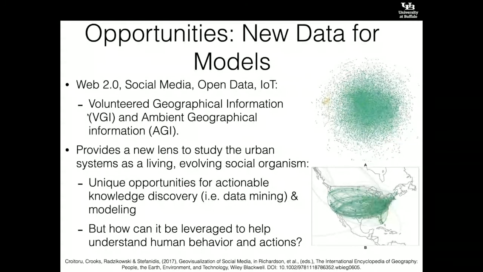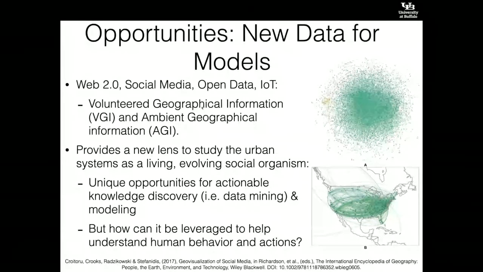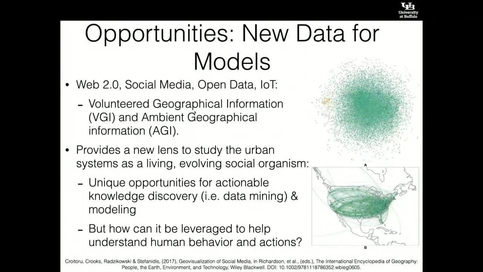These new data sources are giving us a new lens to study systems, and urban systems, as living, breathing social organisms, constantly in flux. So the idea, for example, is if you look at who's talking to whom on social media, we can work out, through geotags on their tweets or toponyms being mentioned in places in their tweets, a sense of how people are talking and communicating, and the connections between people.